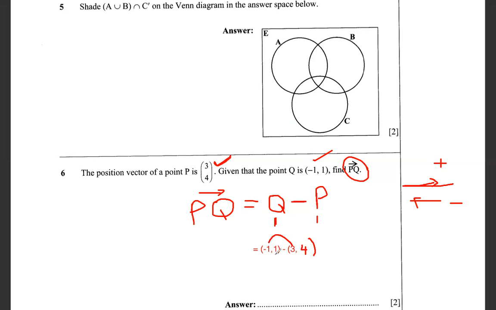These two numbers are subtracting, and these two numbers are subtracting, which means we are going to say -1 minus -3. This gives us -4, comma. We are saying 1 minus 4. This gives us -3. So this is the meaning of PQ.